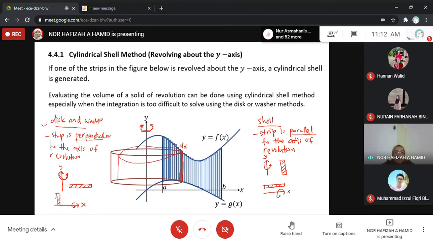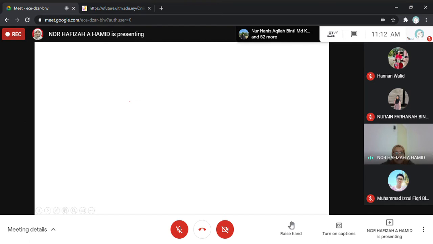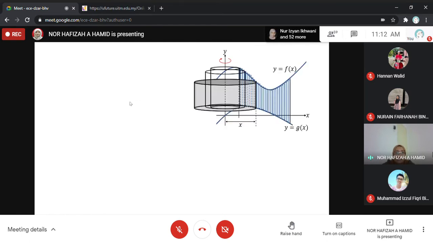cylinder. Okay, so formula for shell method is based on the cylinder formula, and for disc and washer, they are based on the circle. Contoh kalau you ada disc, you punya cross section dia is circle kan, the solid circle.